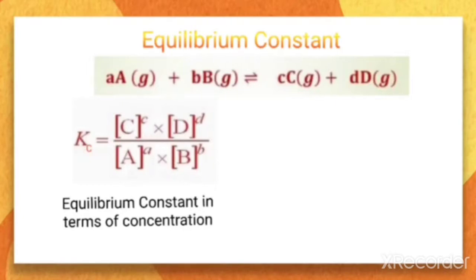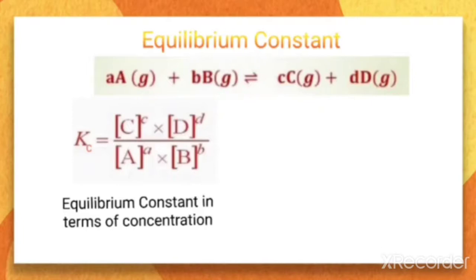But for reactions involving gases, as shown here, where A is a gas, B is a gas, C is a gas and D is also a gas, it is usually more convenient to express the equilibrium constant in terms of pressure.